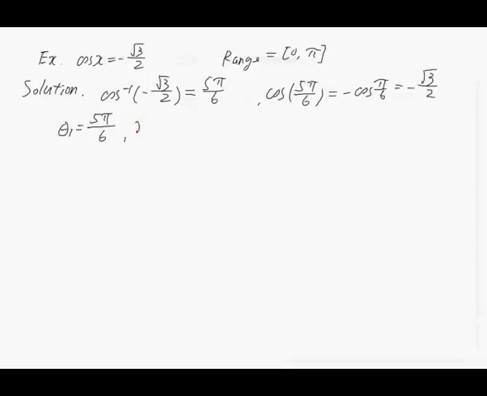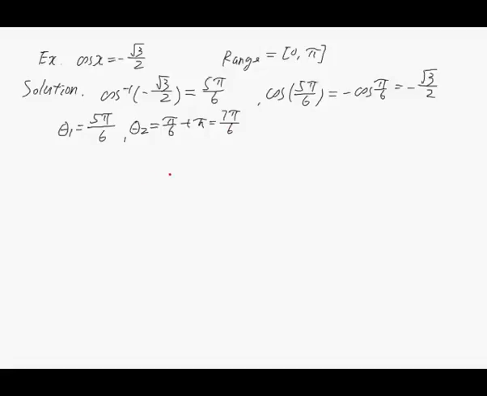The second specific solution is pi plus pi over 6. So you have 7 pi over 6. So by now we find the two specific solutions.